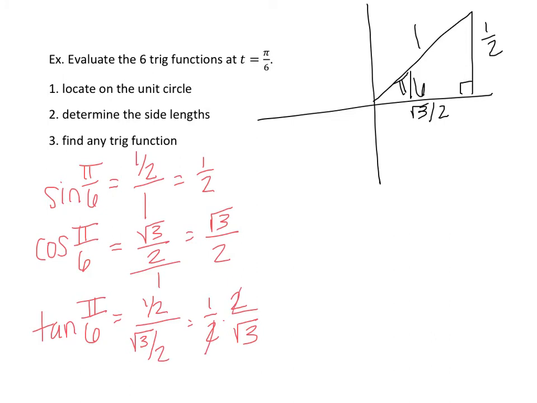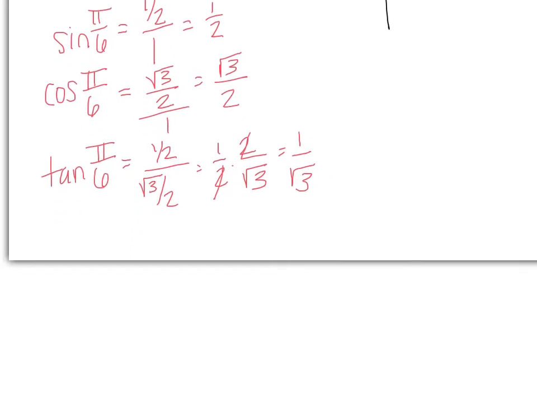The 2's fall out, 1 over radical 3. Now you may think that looks funny because it's not rationalized. I will accept that answer, but in the case that you need a rationalized answer for, say, a multiple choice question, we rationalize by multiplying radical 3 over radical 3. Now it comes out to be radical 3 over 3.